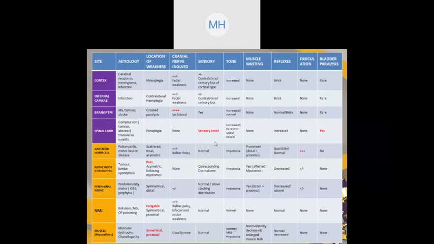So it follows a sensory level, such as the dermatome, that you can identify. So let's say we go to brainstem, upper motor neuron, and in brainstem you have cranial nerve involved.